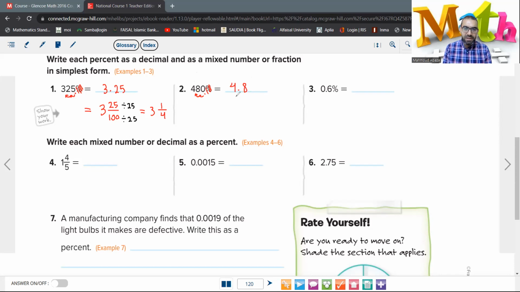So leave it 4.8. This will help us to make it as a mixed number. 4 and 8 tenths means 8 over 10. Now we can divide by 2 up, divide by 2 down, and this will be 4 and 4 over 5.